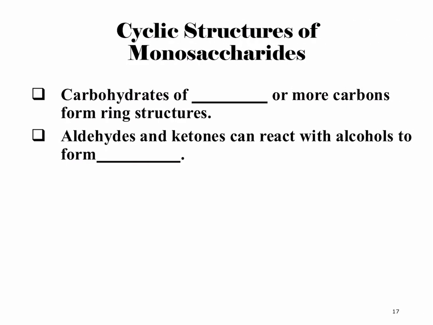And so we can have these cyclic structures of monosaccharides. And so if we have 5 or more carbons, we can form ring structures. And what happens is when we have aldehydes or ketones, they can react with alcohols to form what are called hemiacetals.